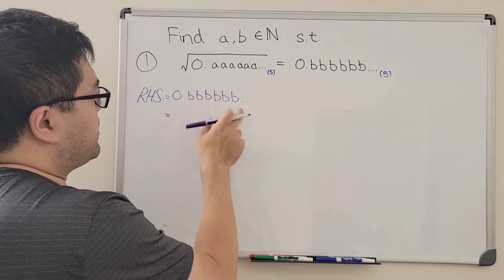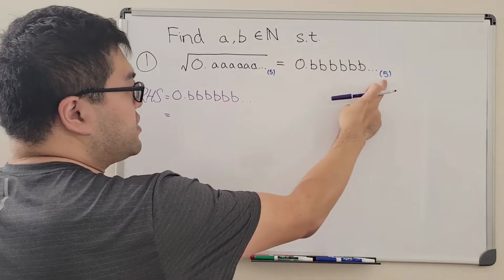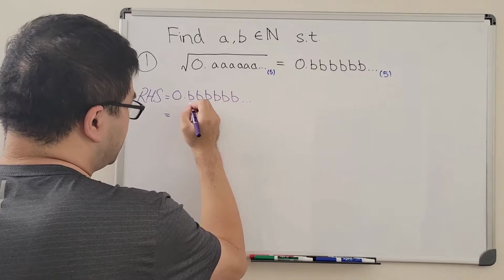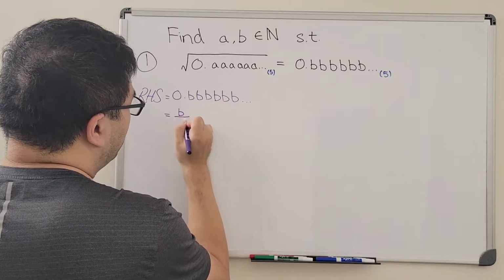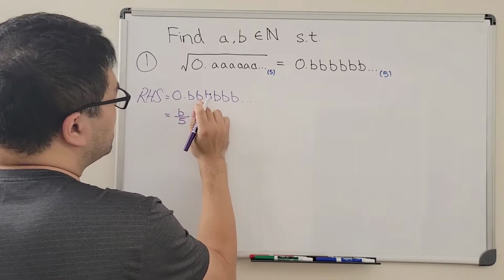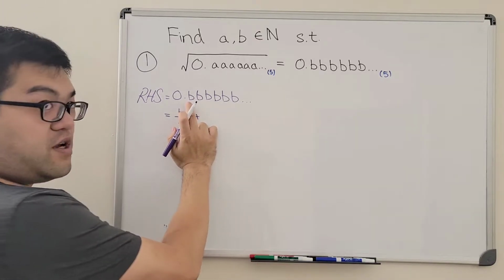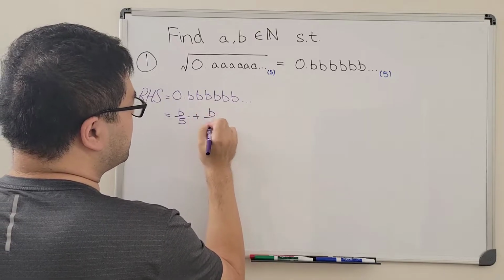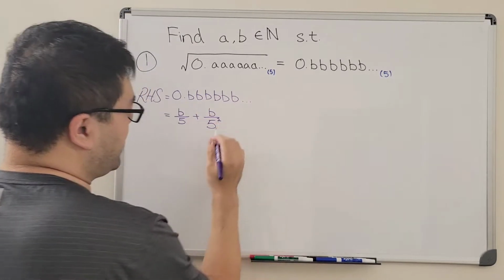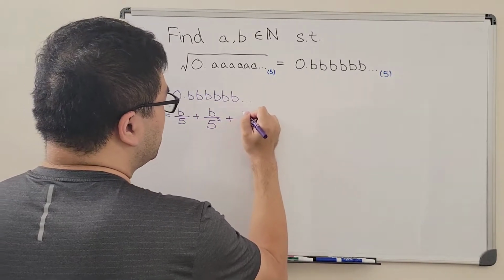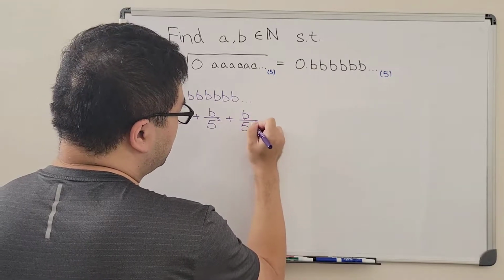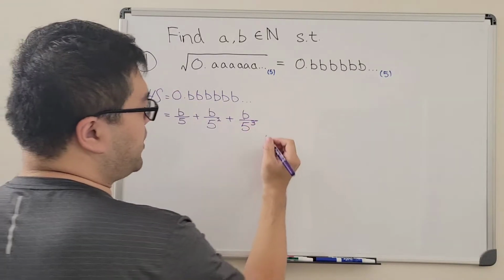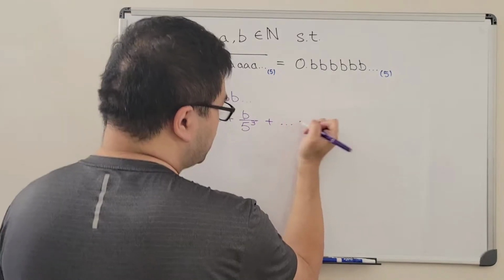Since they're at the fractional part, and since we're in base 5, the first digit means b over 5, or b copies of 1/5. The second b right here means b divided by 5 squared. And then we have b divided by 5 to the third power, and so on and so forth.